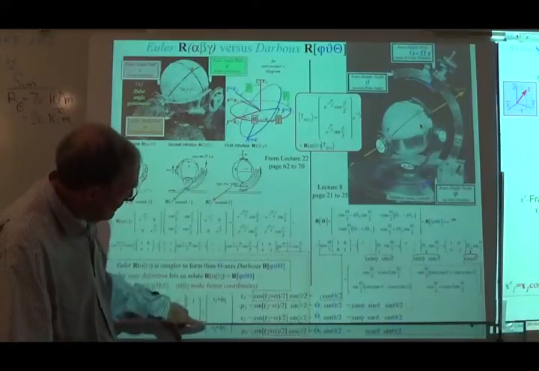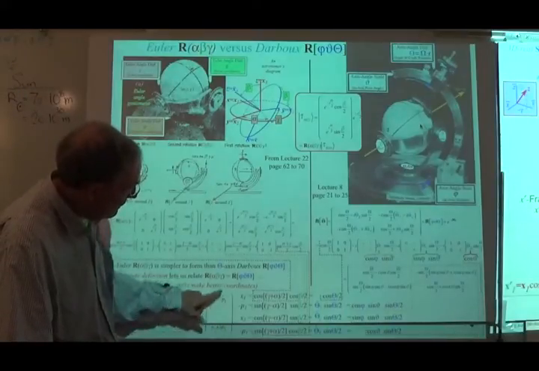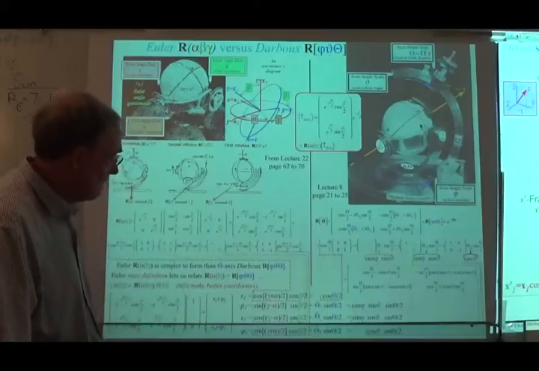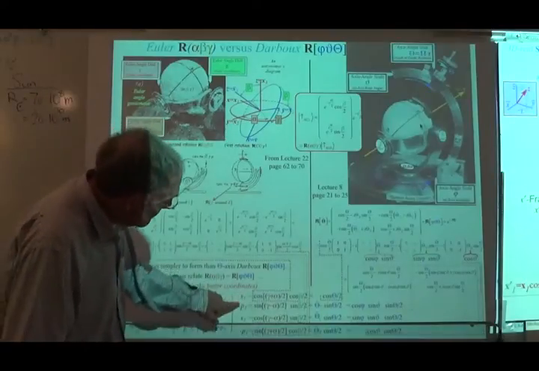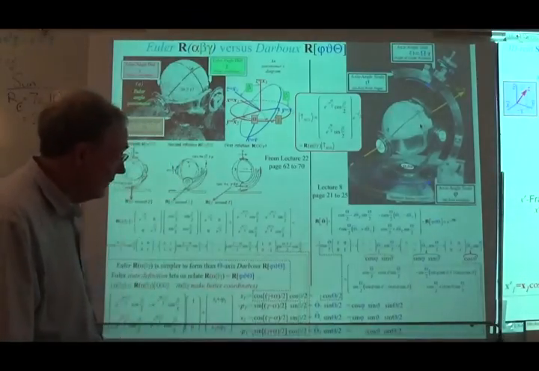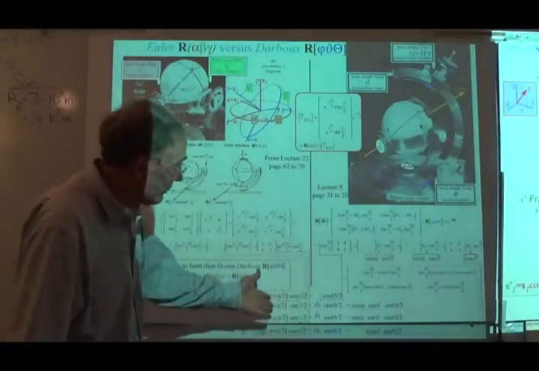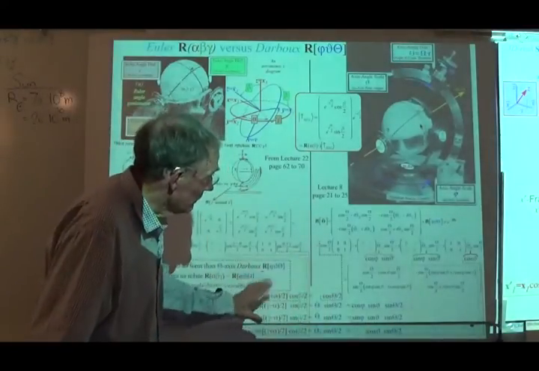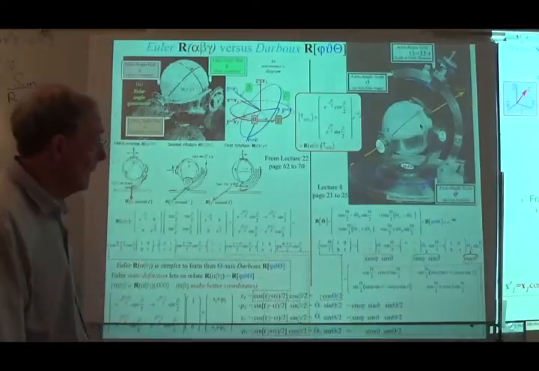We're just connecting it to the Cartesian way of looking at that four-dimensional object. And we're actually getting the components of the four-dimensional object in the process, expressed using one set, that's the Euler, and the Darboux set there.